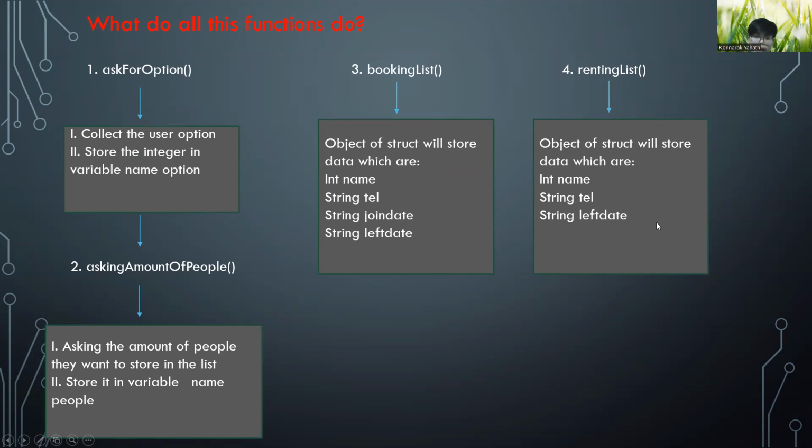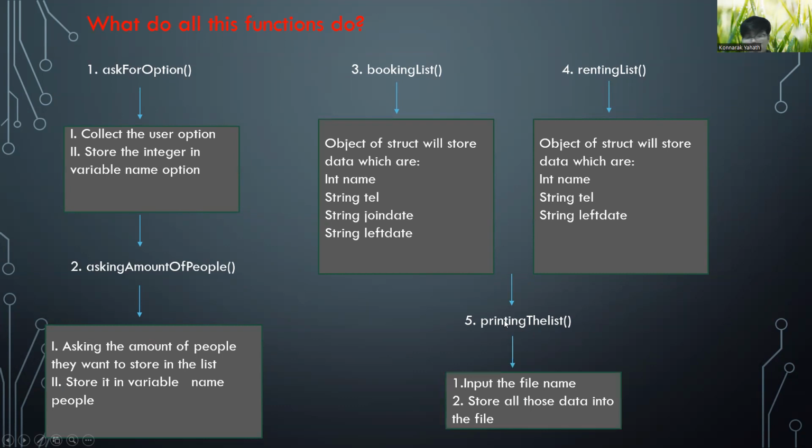Then the program will allow you to use the final and important function, which is named printing the list. The data that we store in the objects in the booking list function and renting list function will now be passed by parameter to this printing the list function.